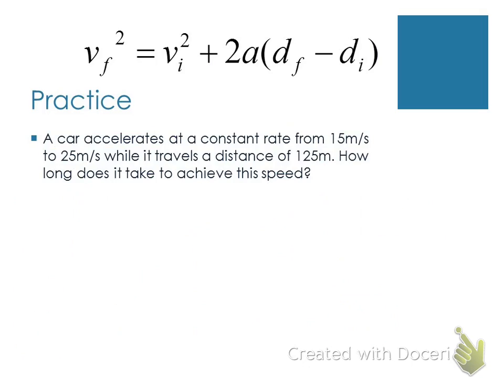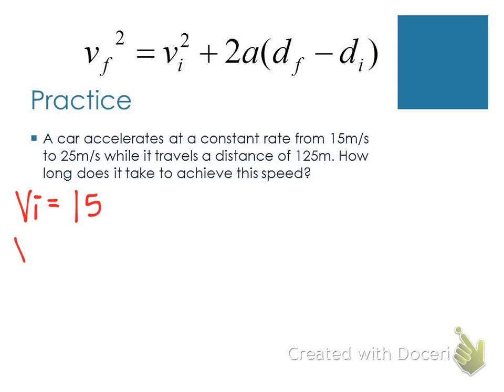A car accelerates at a constant rate from 15 meters per second to 25, and travels a displacement of 125 meters. How long does it take to achieve this speed? So that means we know our initial velocity is equal to what? 15.